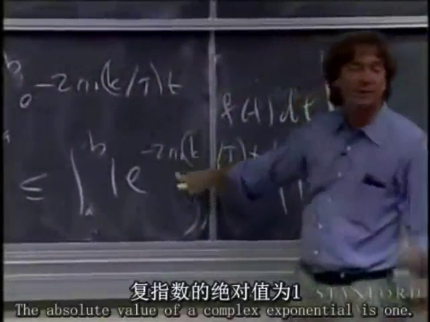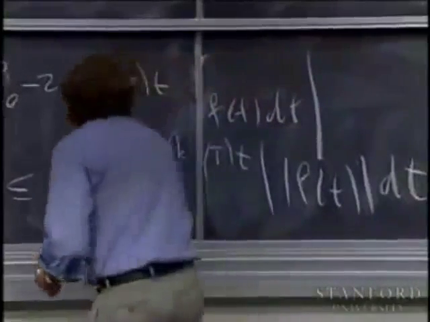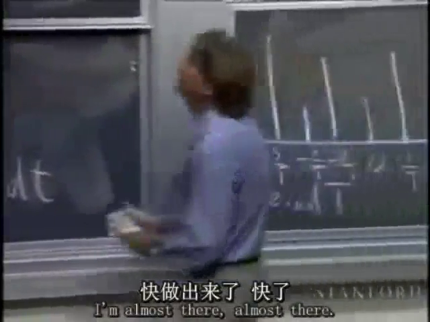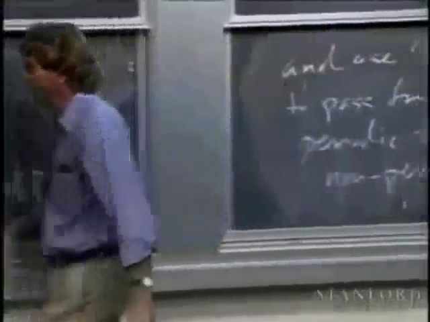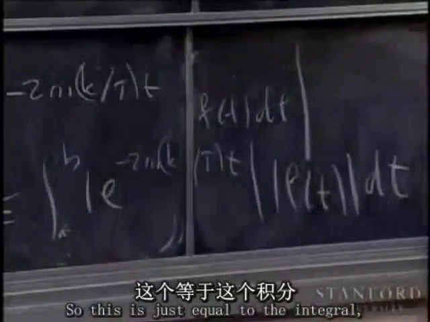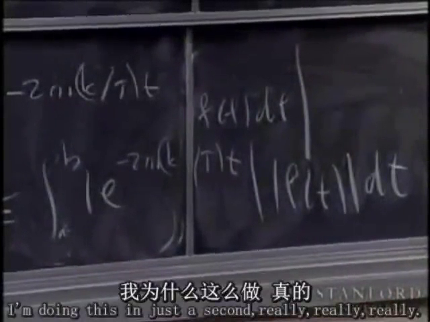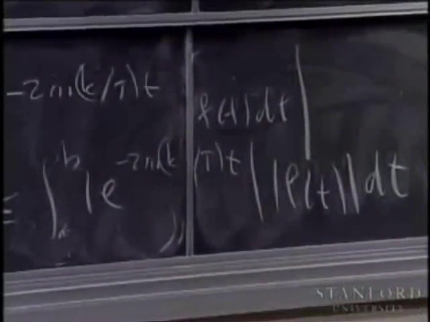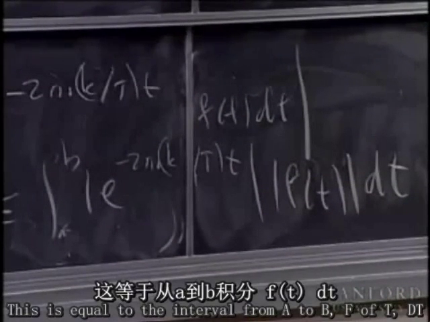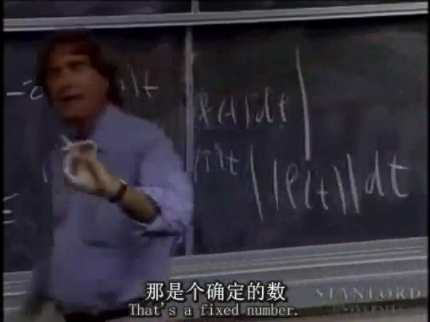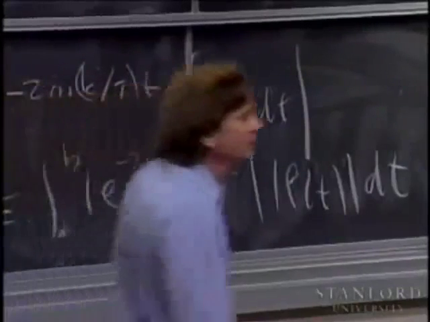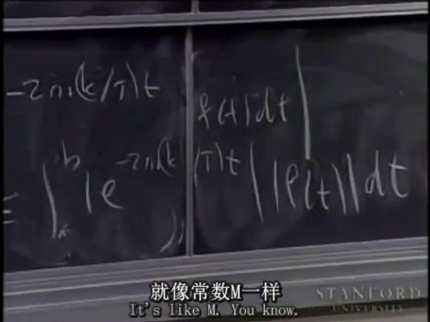The absolute value of a complex exponential is 1. I'm almost there. So this is just equal to the integral of the absolute value of f. You'll see why I'm doing this in just a second. This is equal to the integral from a to b of the absolute value of f of t dt. That's a fixed number. It's like M.